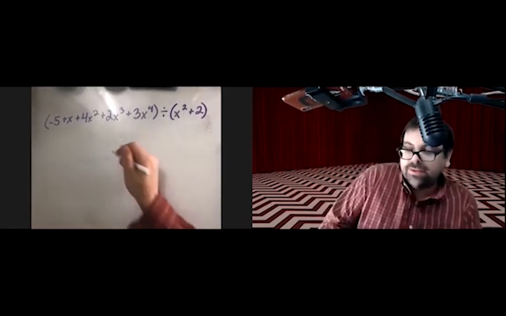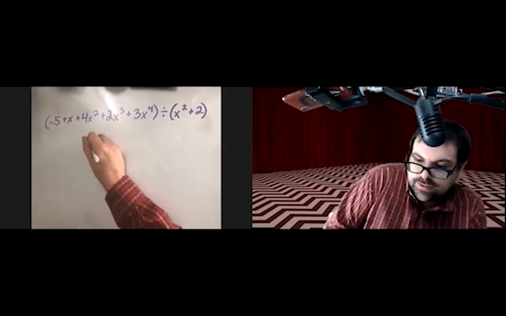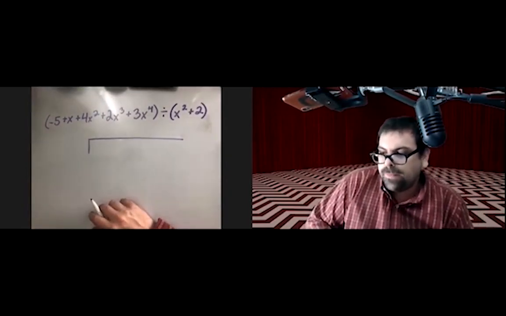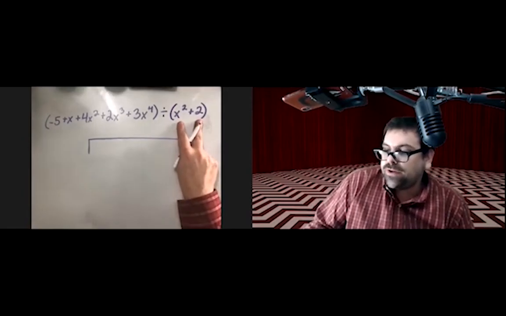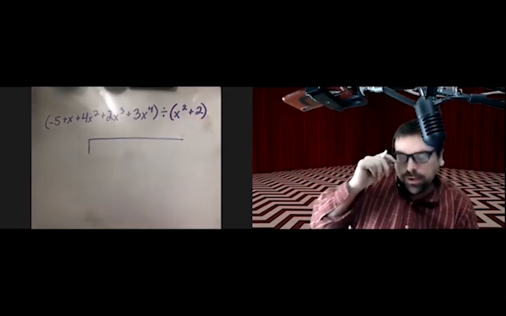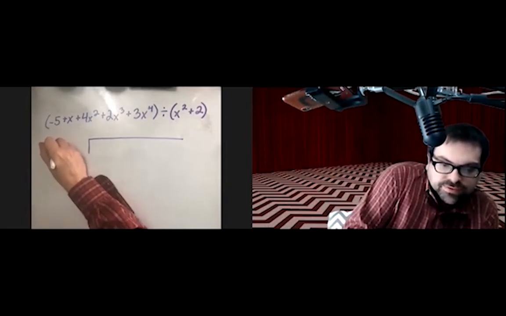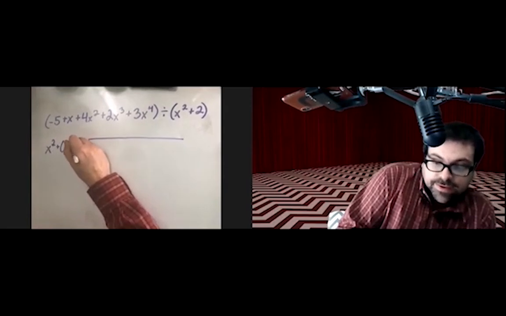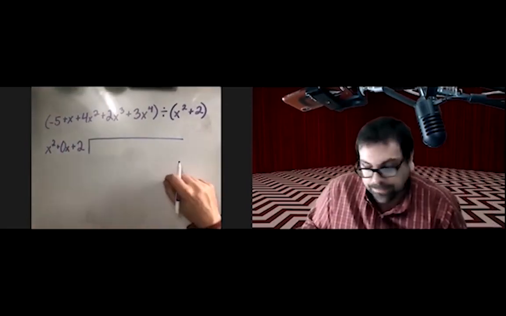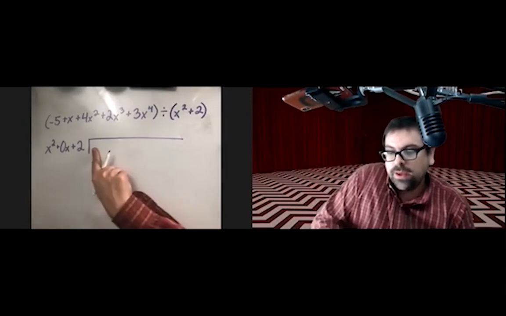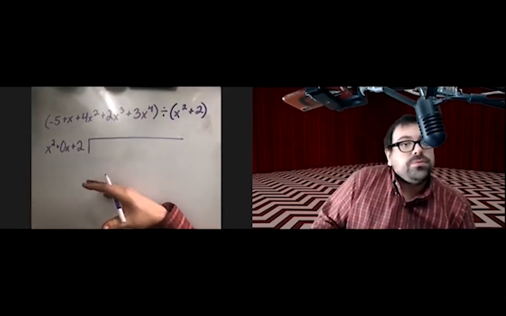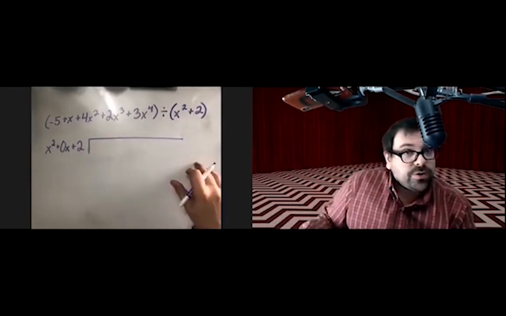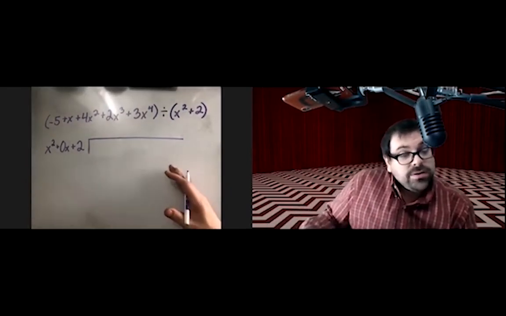When we write this as long division, divided by x squared plus 2, we're going to remember to keep our placeholder. So divided by x squared plus 0x plus 2. Underneath, we also want to rearrange now, because just like we needed to keep the placeholders, we need to keep the pattern.